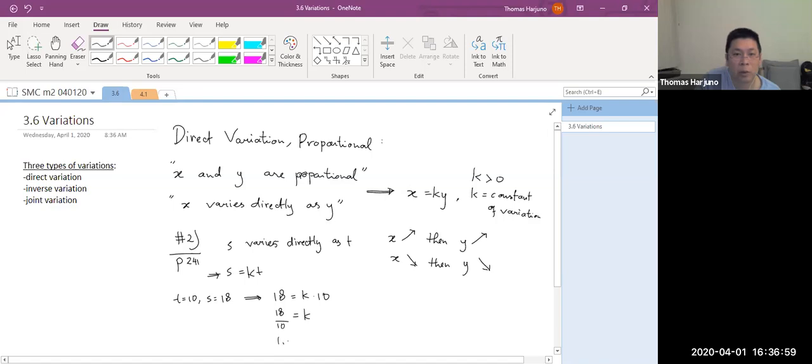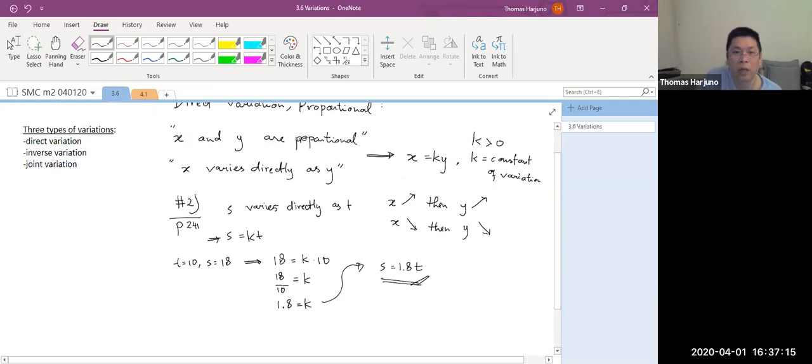Let's use decimal: 1.8 equals K. Once we get the K, we update the equation. Then S equals 1.8 T. This is the equation of the variation, while the K stands for the constant of variation or constant of proportionality.